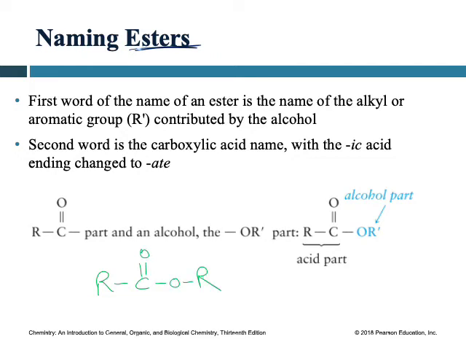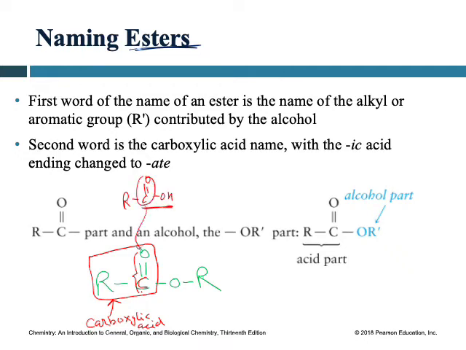And if you remember, this part of an ester compound comes from what? Carboxylic acid. How would you know this part comes from the carboxylic acid? Because we have the carbonyl group, and I know that acid is this COOH. This is an acid, so this part should come from the carboxylic acid part.